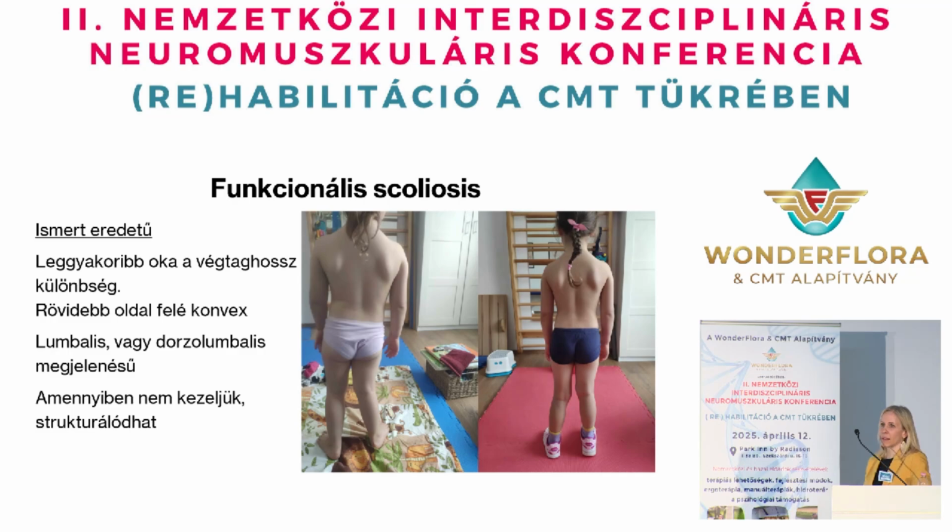This is a case of functional scoliosis. Sometimes we know the etiology, sometimes we don't. The most common is when the length of the two extremities is different, and the longer arm, for example, or actually the longer leg creates a tilt in the pelvic area.